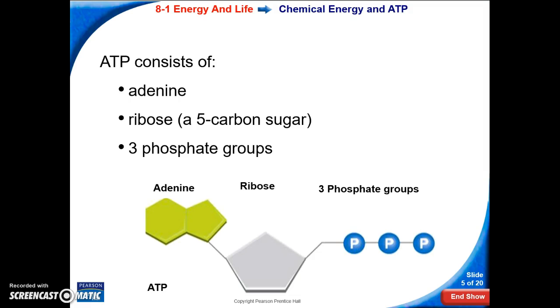If we took away 2 of those phosphate groups, these 2, what you should recognize is we have the typical nucleic acid. So ATP is a type of nucleic acid, actually, but we never think of it in those terms. We don't think of it as part of our DNA, because it's not. It's strictly an energy storage molecule in the body.